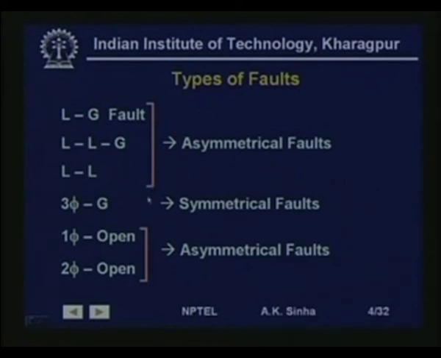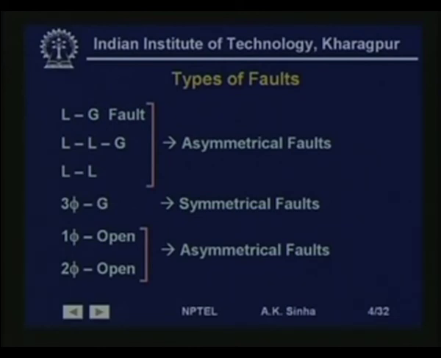All these faults are basically short circuit faults, whereas we have other types of faults which are open circuit faults, like a single phase open, that is one line gets open, or two lines get open. In both these cases, the fault is an asymmetrical fault, because the voltages and currents in all the three phases are not balanced or symmetrical.